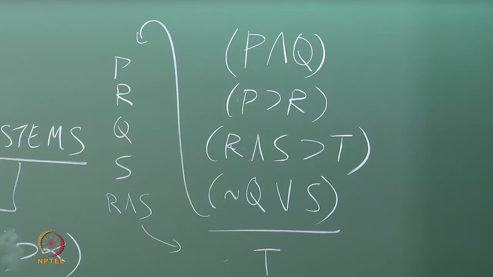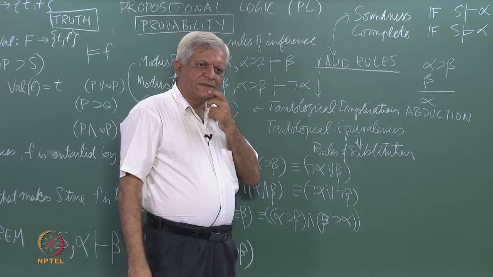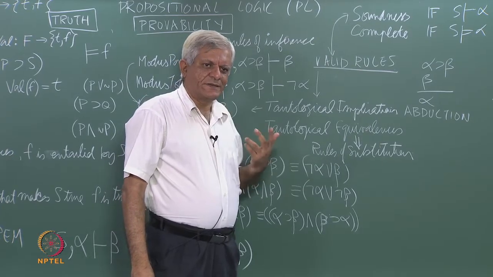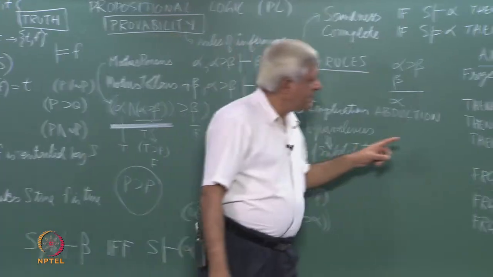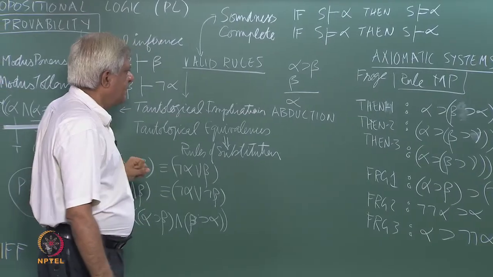This process is called natural deduction essentially. Very often we can generate rules of inference by showing something like this.